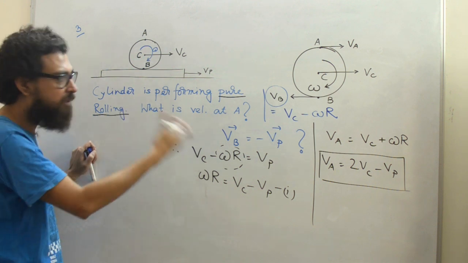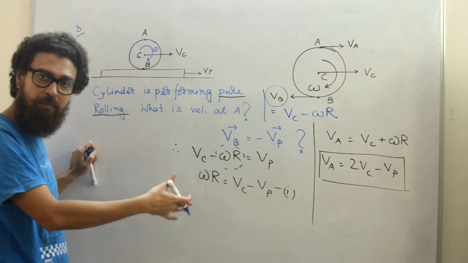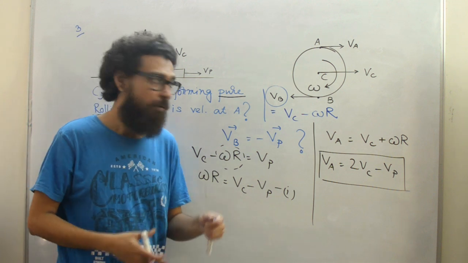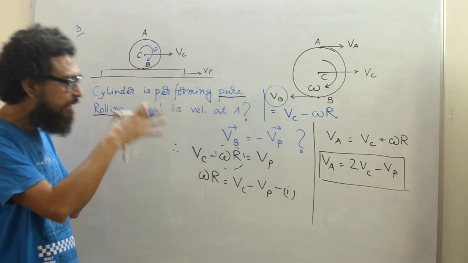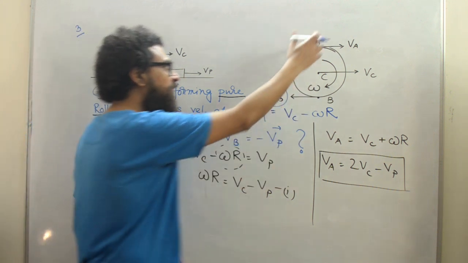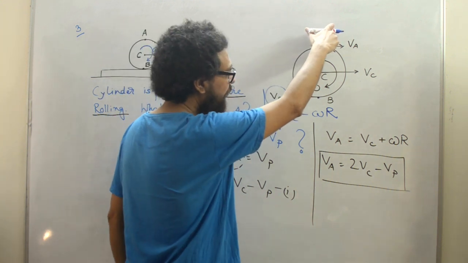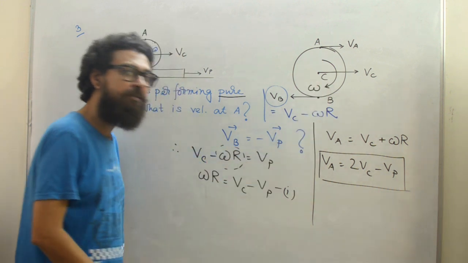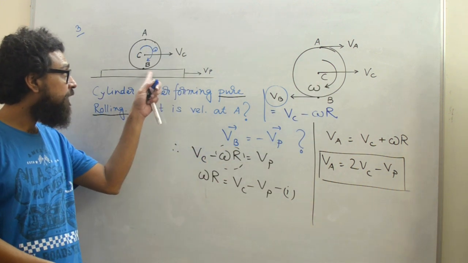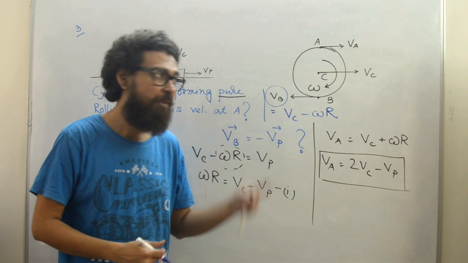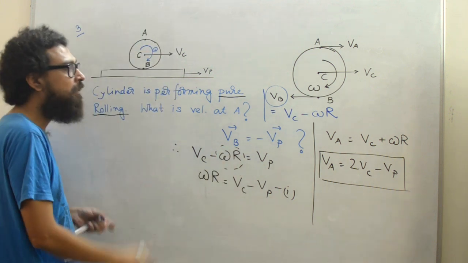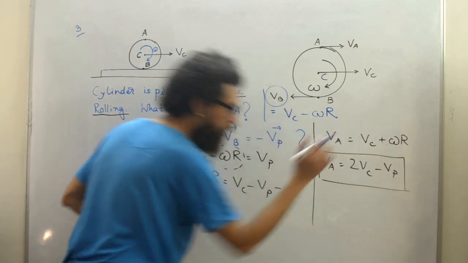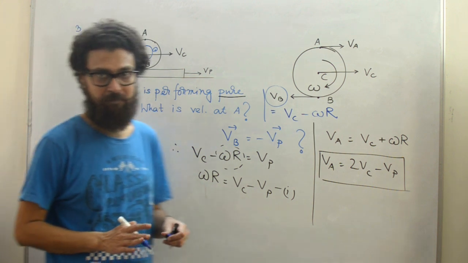There are a lot of problems in books where they have used the concept that Va is twice Vc, since Vb should be momentarily at rest if it is rolling on a fixed surface. But since it is rolling on a moving plank, this extra part comes. Is that clear? Okay.